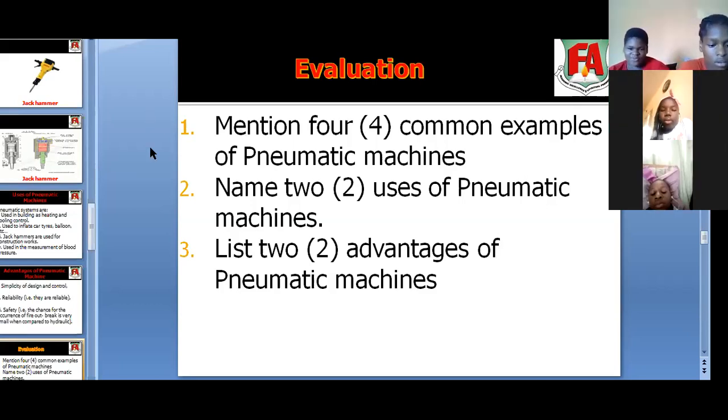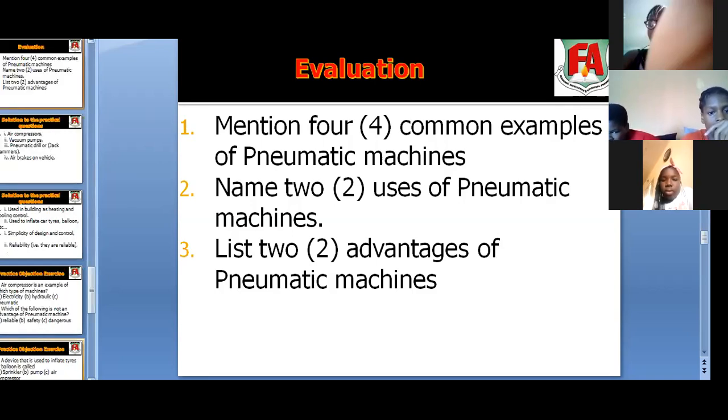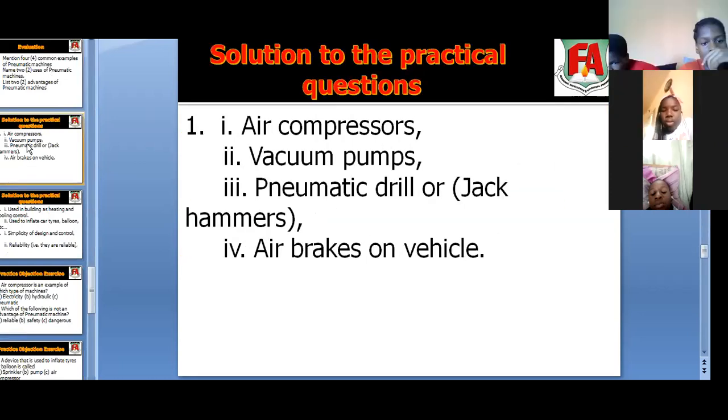Okay, let's go to the next one. Let's look at the possible answers to the practical questions. Can you see?